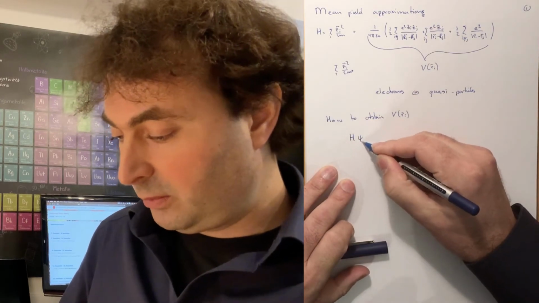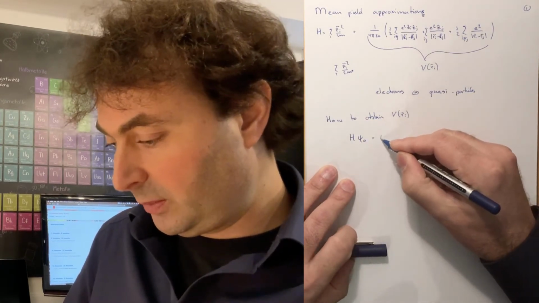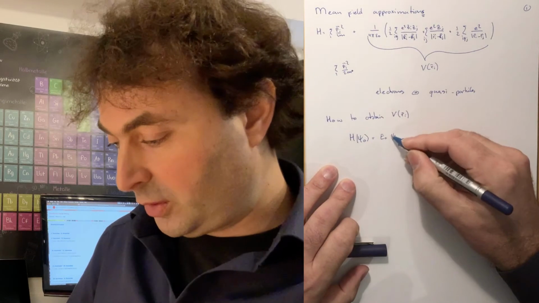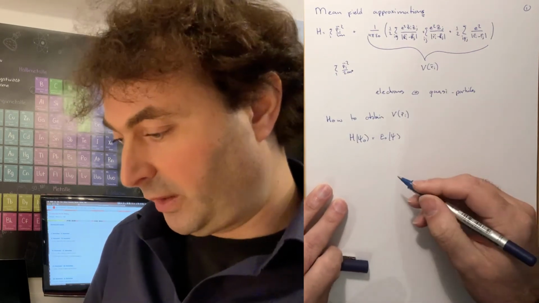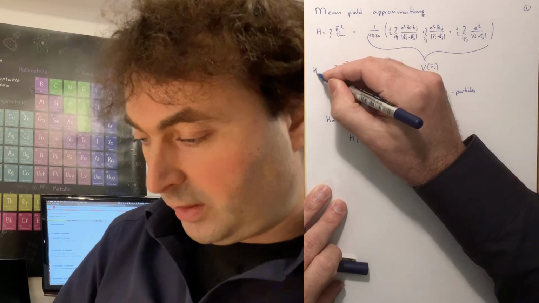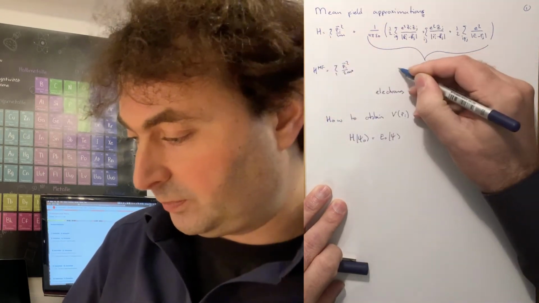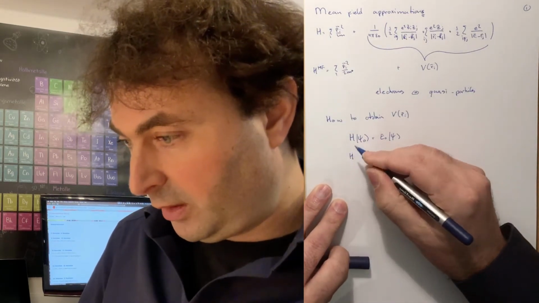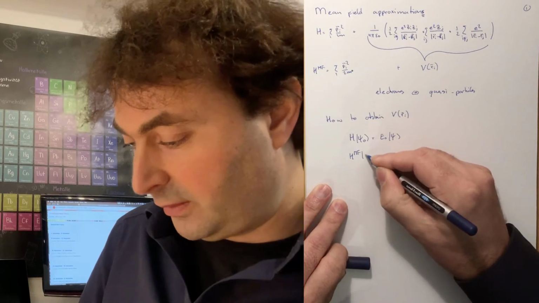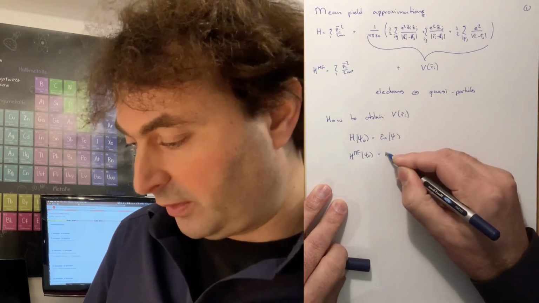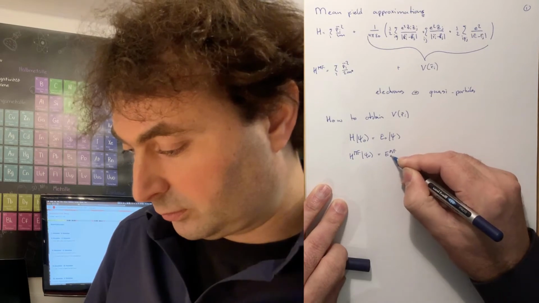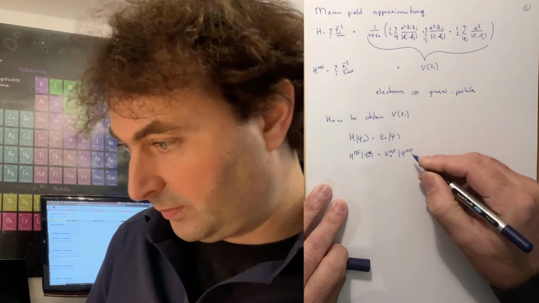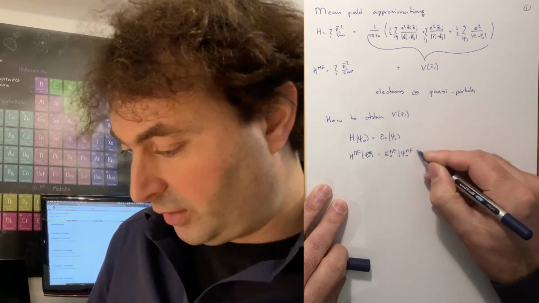We can say from our full Hamiltonian there is a ground state such that H psi is E0 psi. We have our mean field Hamiltonian given by the kinetic energy plus a potential energy, and we can also calculate the ground state of that mean field Hamiltonian, psi mean field 0.